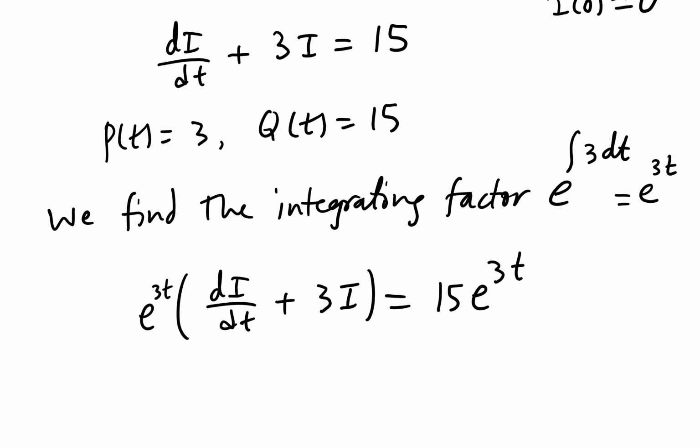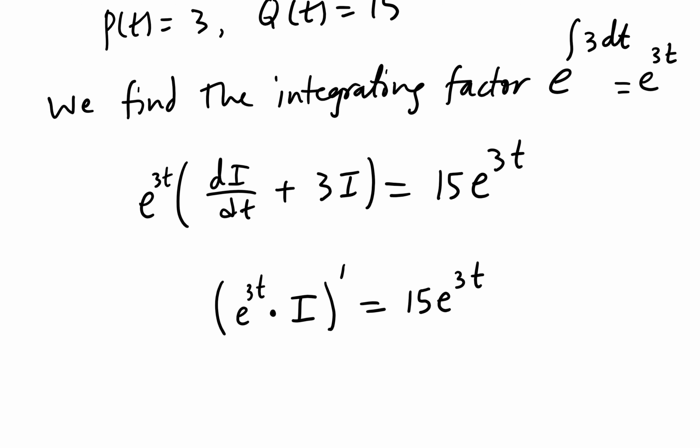And as we agreed earlier, this is going to turn into a derivative of the integrating factor times y. But remember, y here is I. And keep this the same. When we integrate both sides, we're going to get e to the 3t times I equals the integral of this dt plus c.